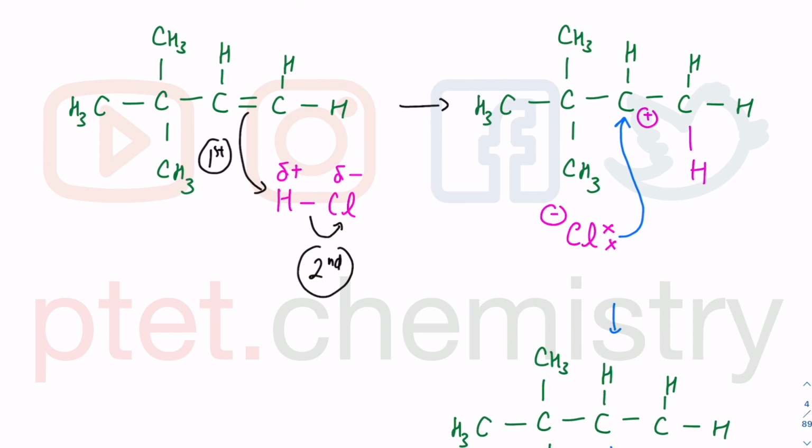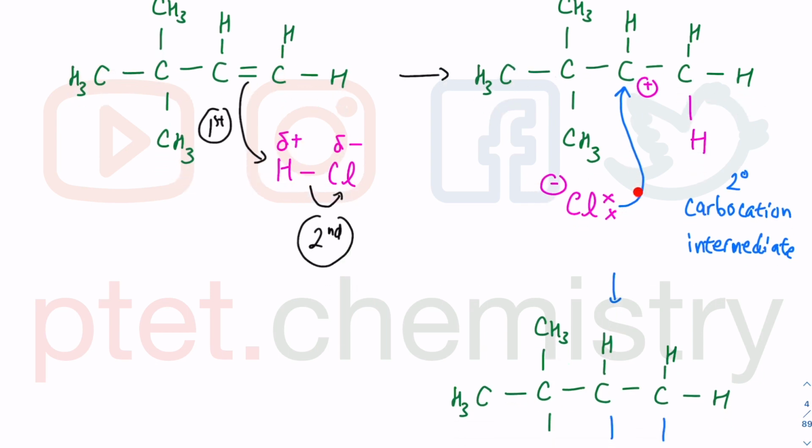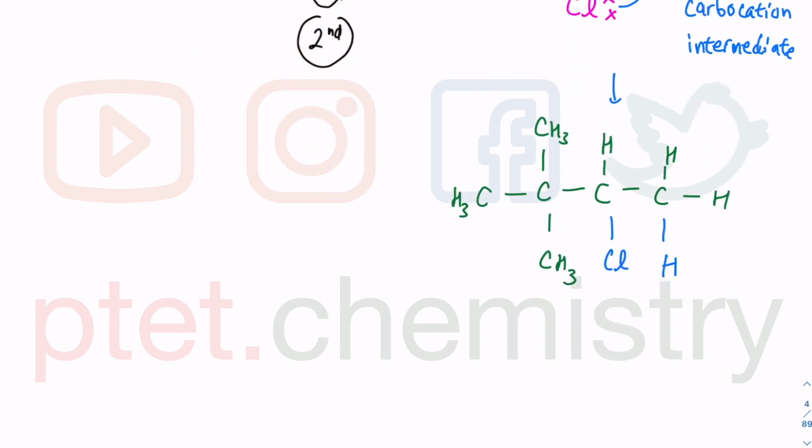And now you have this carbocation intermediate. This is called carbocation intermediate. Specifically, this is a secondary carbocation because the carbon with a positive charge is bonded to two other carbons. It's called secondary carbocation intermediate. From the nucleophile rich attack poor, you're going to form the final product, which is going to be Q.